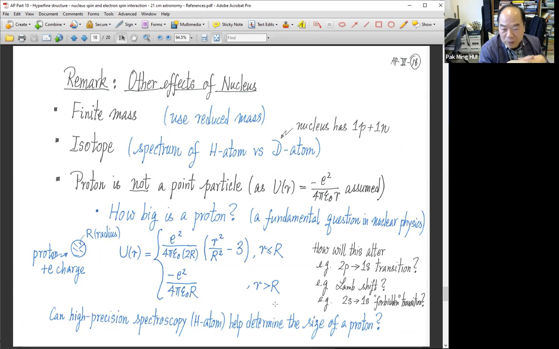You know, we better use the reduced mass. That's okay. And then how about isotope effect? How will it change the hydrogen spectral lines if we have a neutron in the nucleus?